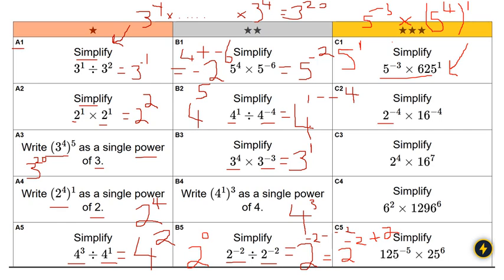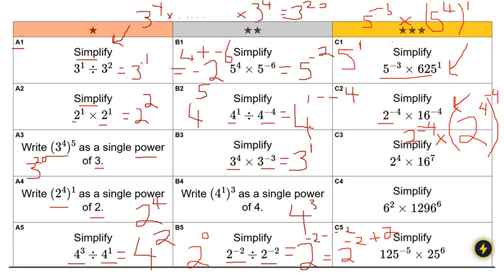C2. Simplify 2 to the minus 4 times 16 to the minus 4. 16 again can be written as a power of 2. So 16 here is actually 2 to the power of 4. And then I'm raising all this to the power of negative 4. And then I'm multiplying that by 2 to the minus 4 at the start.